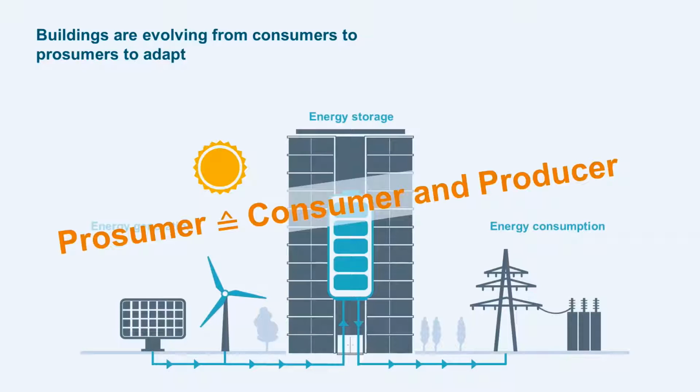Prosumer is a portmanteau of consumer and producer, because more and more you can see buildings that have a photovoltaic system mounted on their roof, or even a wind turbine outside also producing energy with wind. So this is the story of our sales readiness presentation, why we want to enter into this market.